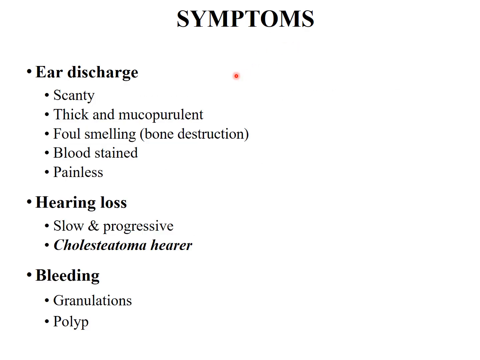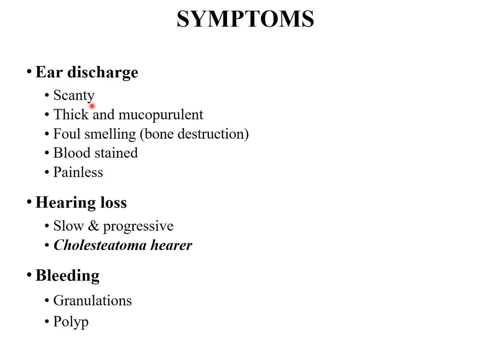Symptoms. As already mentioned, the main symptoms of chronic suppurative otitis media are ear discharge and hearing loss. But the ear discharge of atticoantral disease is different from that of tubotympanic disease. So history is very important regarding the discharge.